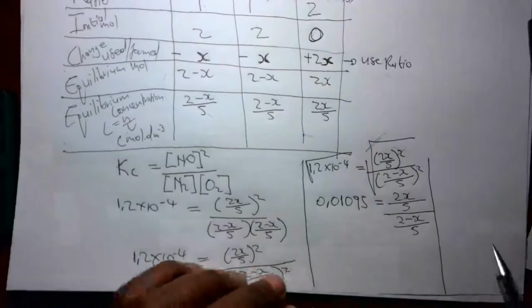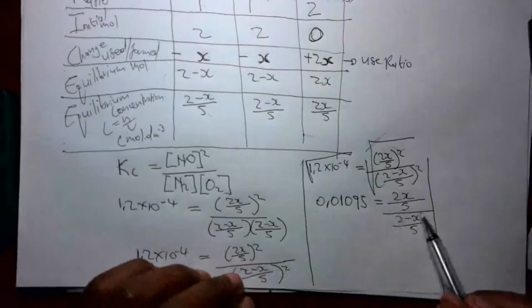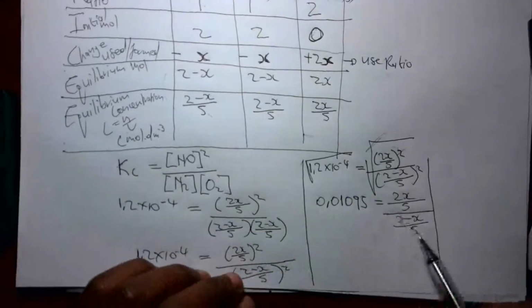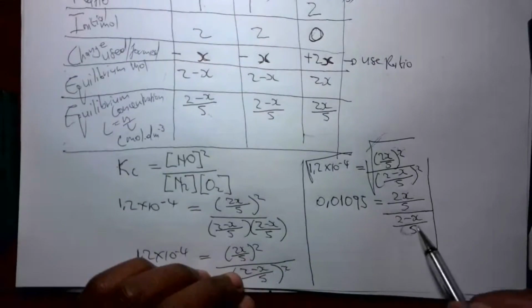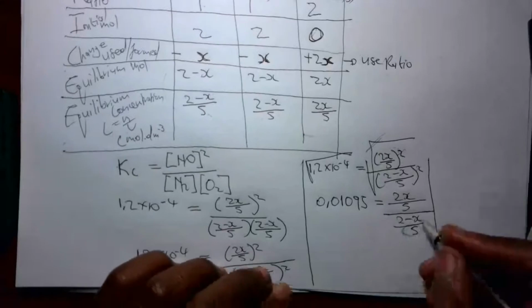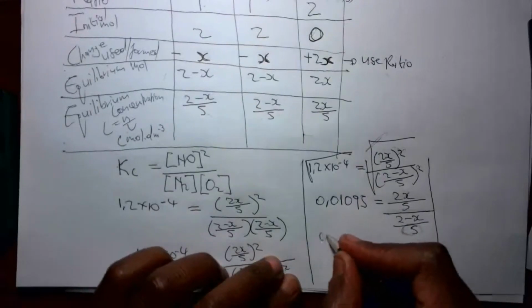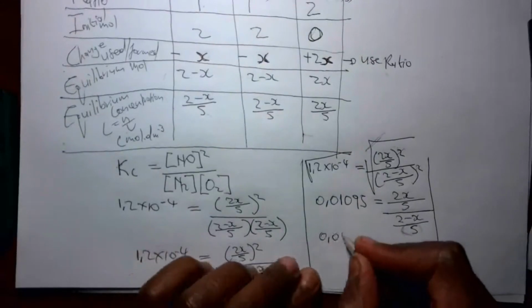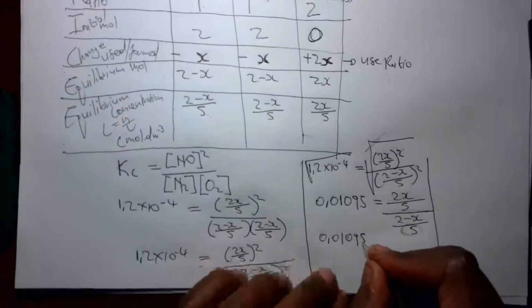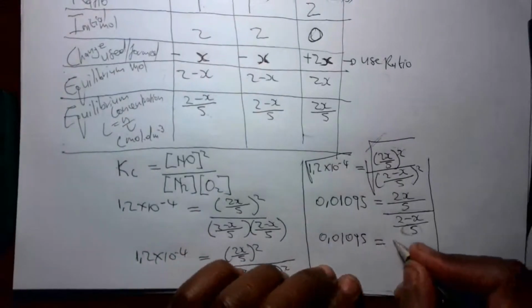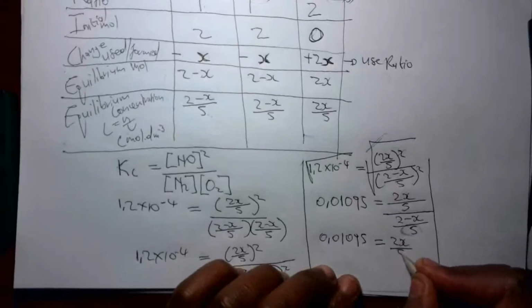Okay, doing the math, if we want to change this division sign to a multiplication, this denominator will become the numerator and this numerator will become the denominator. So we're going to have 0,01095 which is equal to 2x over 5, the top part.